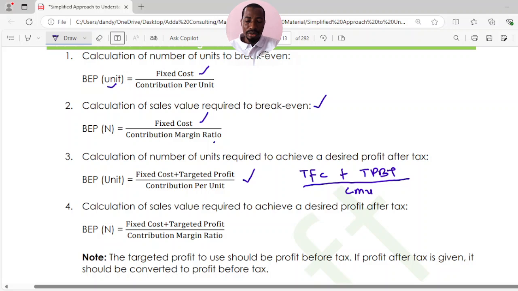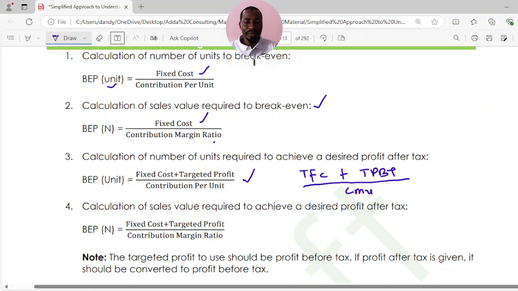All right, because the profit to be used, your targeted profit should be profit before tax. So if profit after tax is given to you, you are expected to convert it to profit before tax. However, we'll come back to that one later on. However, if you now want to compute sales value required to achieve a targeted profit before tax, in this case, it will be total fixed cost plus targeted profit divided by contribution margin ratio.